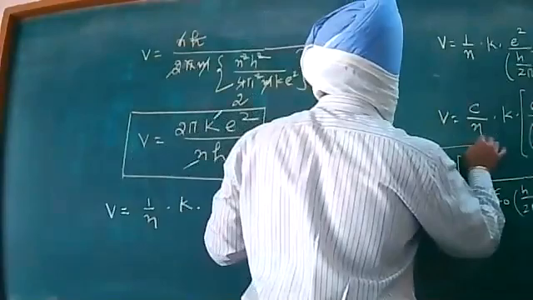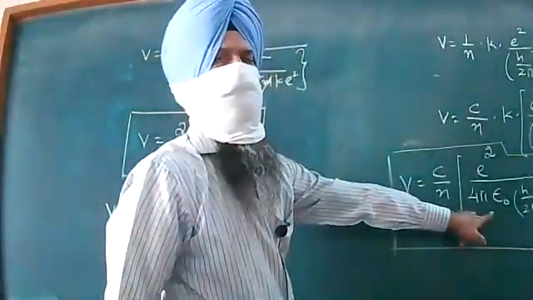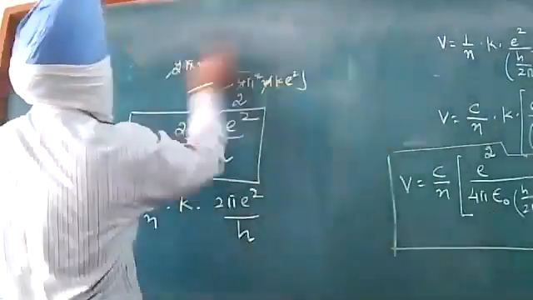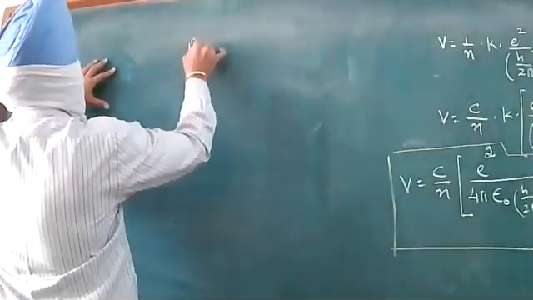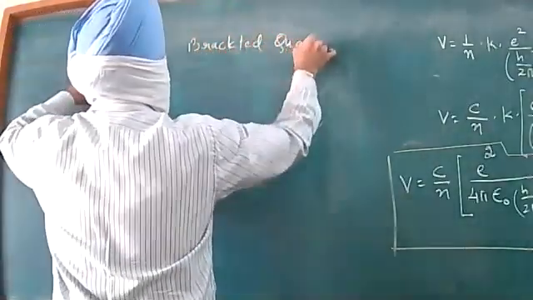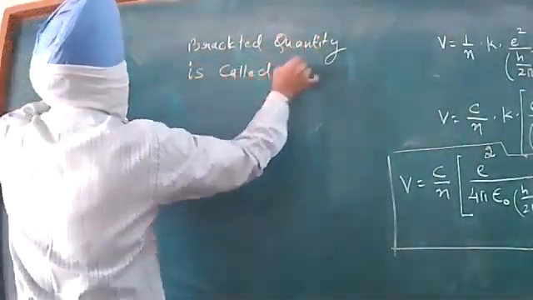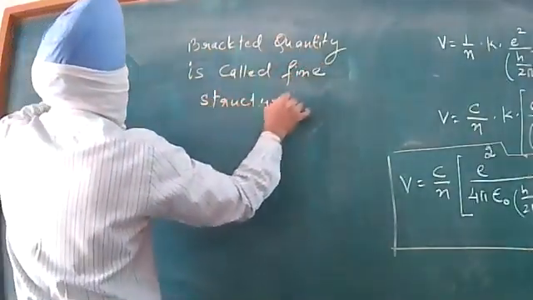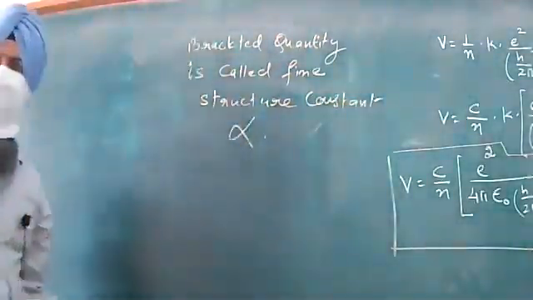Now dear students, this bracketed quantity, this one, is called your fine structure constant, and let me rewrite this. This bracketed quantity is called fine structure constant, and it is denoted by alpha.